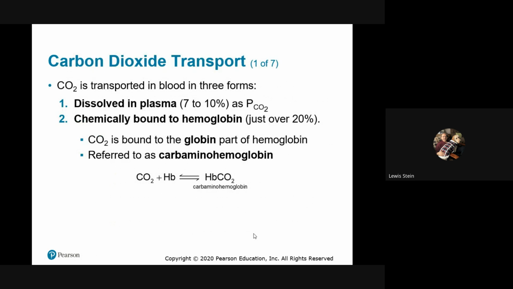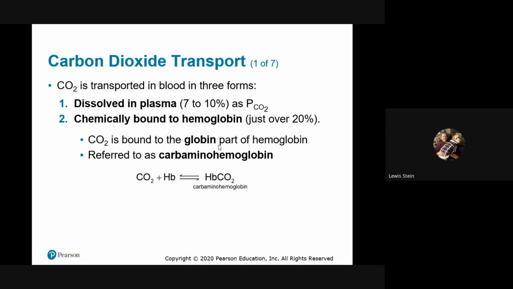This is the other important part. CO2 has 3 different means to be transported. Yes, it can dissolve. So is there a greater amount of carbon dioxide? Yes, in PCO2. About 20% is bound to the globin, not the heme. That was the mistake years ago, thinking the oxygen jumps off and the carbon dioxide comes on.